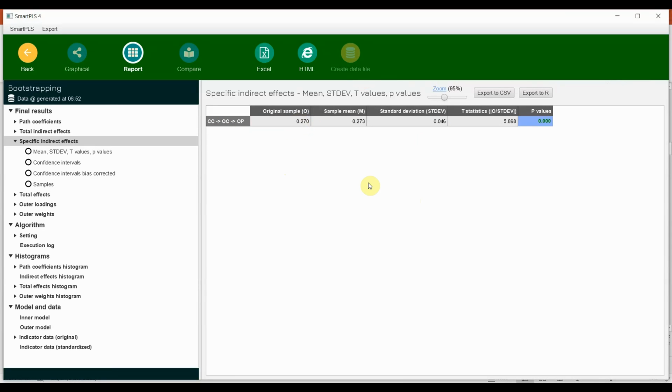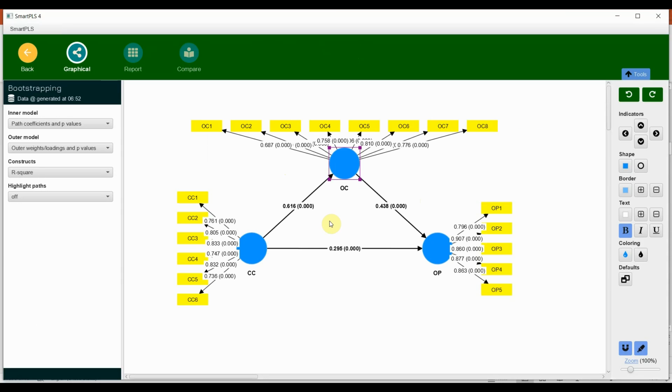Is the indirect effect significant? Yes, it is significant. And this means that the impact of CC on OP is through this other variable, that is organizational commitment. So CC influences OC and OC influences OP.